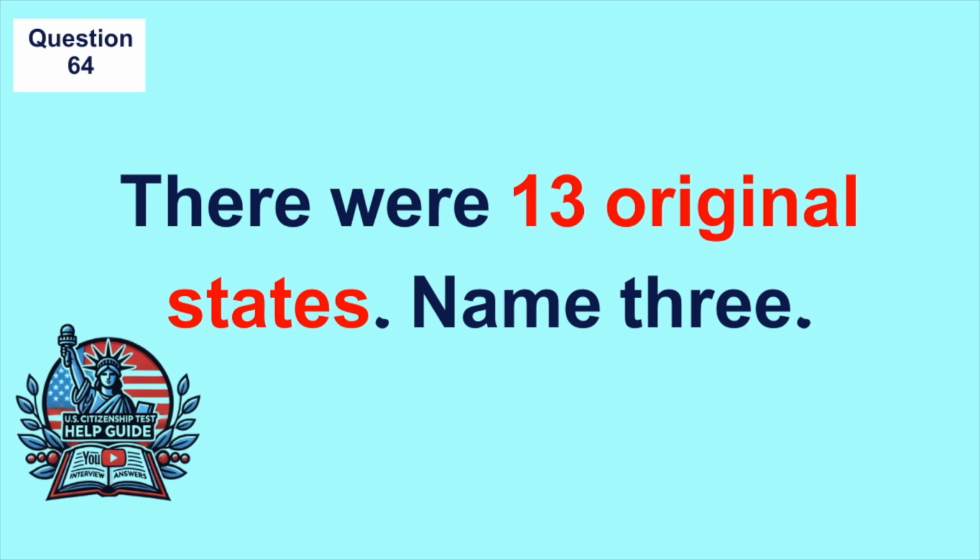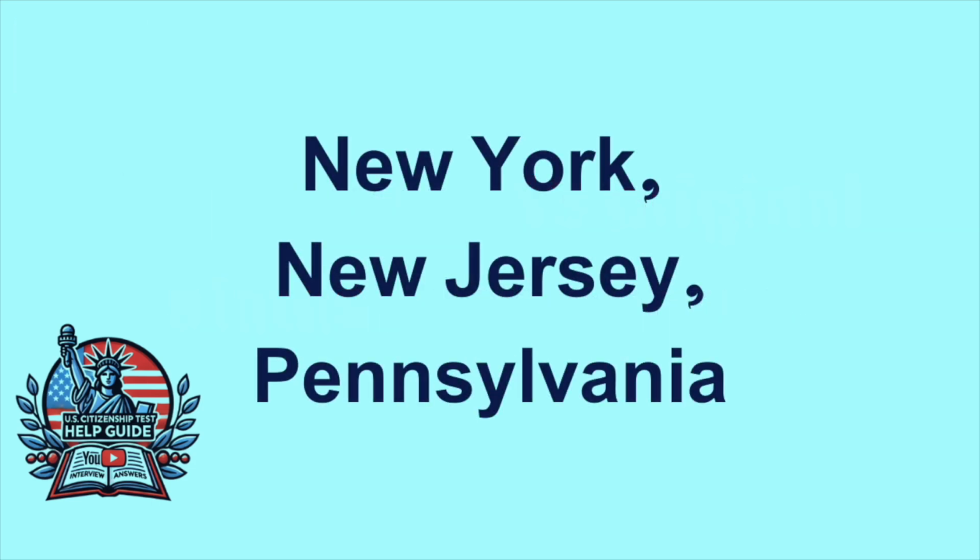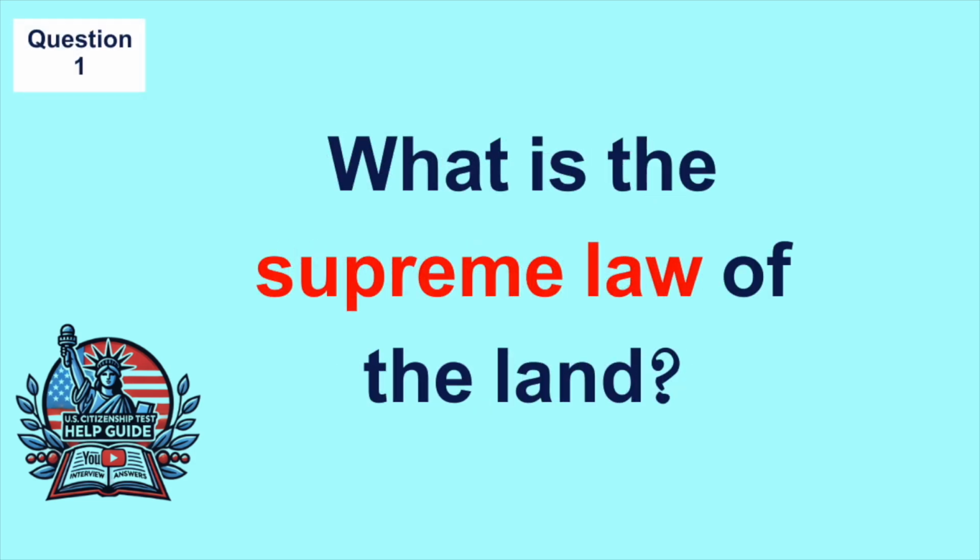There were 13 original states. Name 3. New York, New Jersey, and Pennsylvania. What is the supreme law of the land?